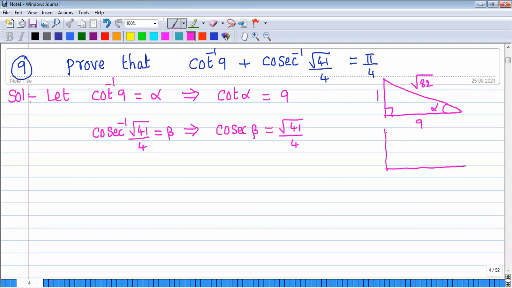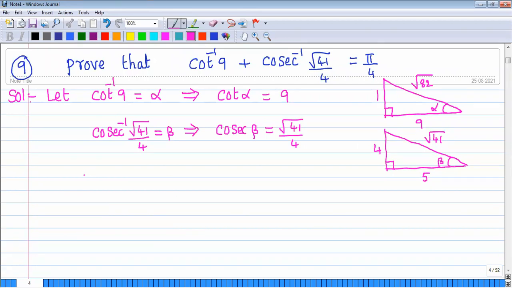Take a right angle triangle with angle beta. The hypotenuse is root 41, the opposite side is 4. So what will be the remaining side? 41 minus 16 is 25, obviously 5. Am I correct? Yes, 25 plus 16 is 41, root 41 only.